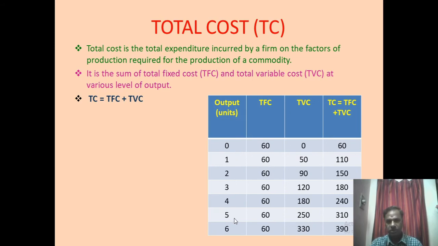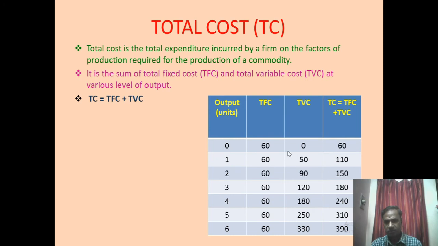The level of output is given, TFC is given, TFC is the same. It does not change with the level of output. But TVC is changing. TVC is increasing with the level of output. TC here is the sum of TFC plus TVC. If you add these two, you will get TC.